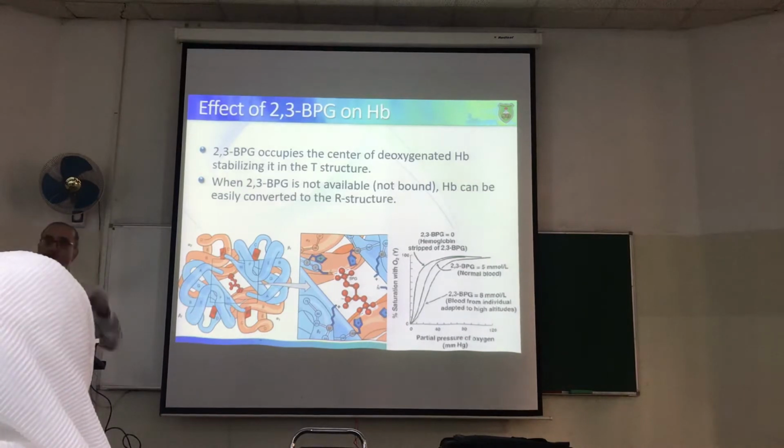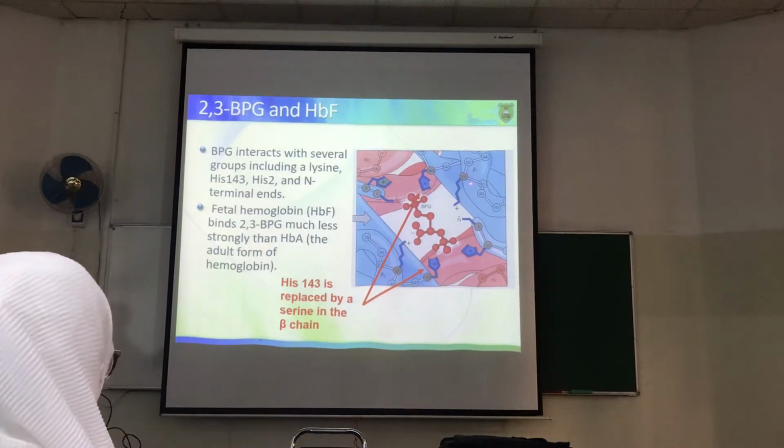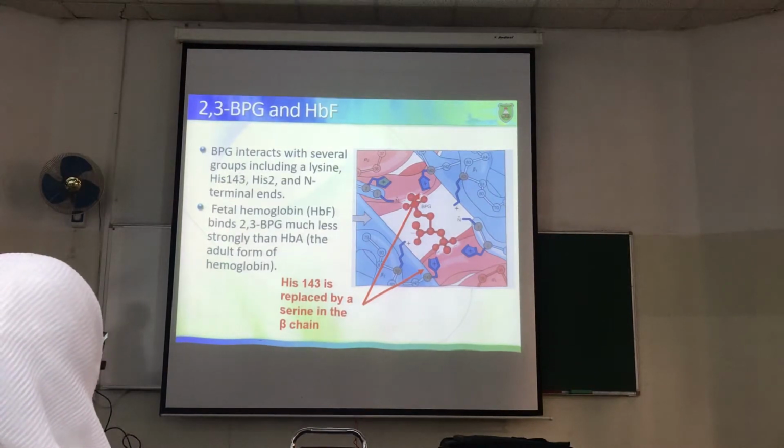So in the core, in that center. So these interactions involve a lysine on both sides. You can have the amino group of both chains, and there is a histidine which is numbered histidine 143. So you can have this interaction.